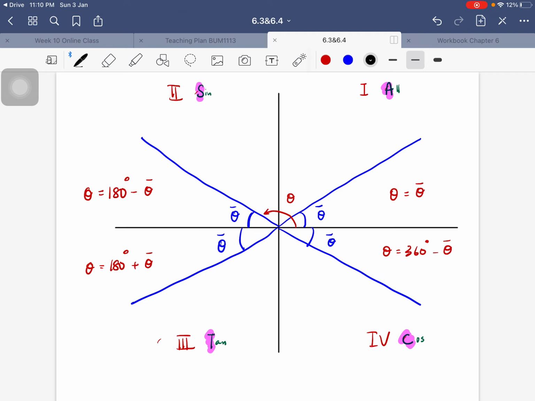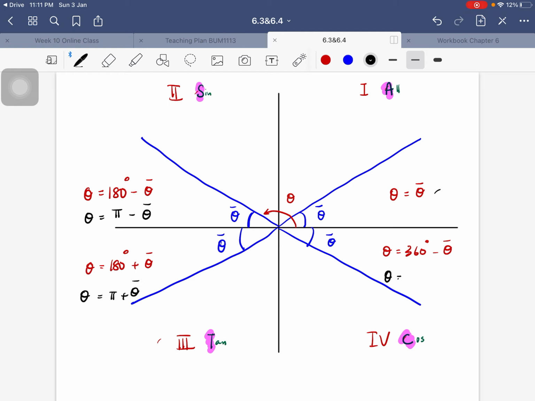But if the question asks you to give your answer in terms of radians, it's a very similar idea. In the first quadrant, your theta is still going to equal the theta hat value. But for the second quadrant, 180 degrees converted to radians is going to be pi radians, so you have pi minus theta hat. In the third quadrant, it's going to be pi plus theta hat.